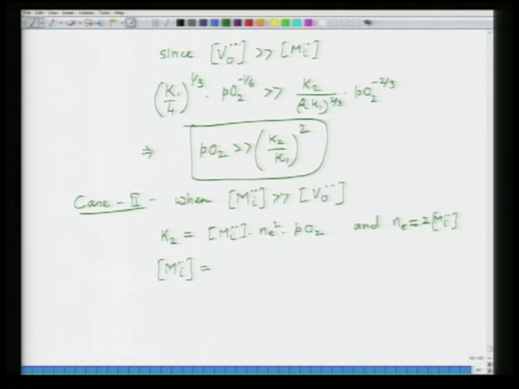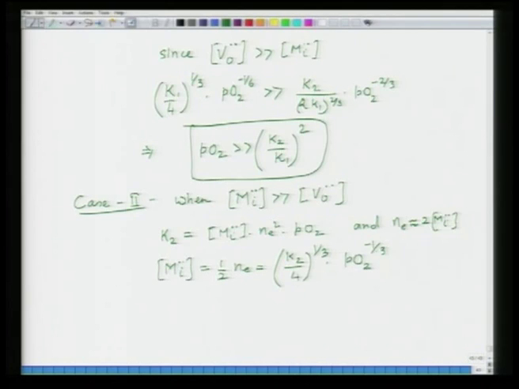So, Mi under such a condition will be equal to half of Ne, which is equal to K2 divided by 4 to the power 1 by 3 into PO to the power minus 1 by 3.